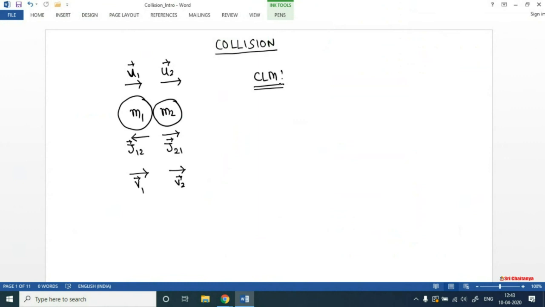Then we can write the equation: the linear momentum of the system just before the collision, m1 u1 plus m2 u2, is equal to the linear momentum just after collision, m1 v1 plus m2 v2.